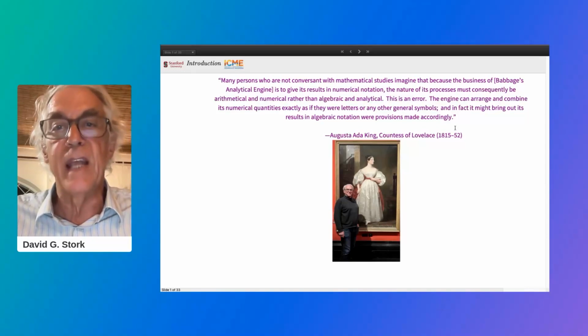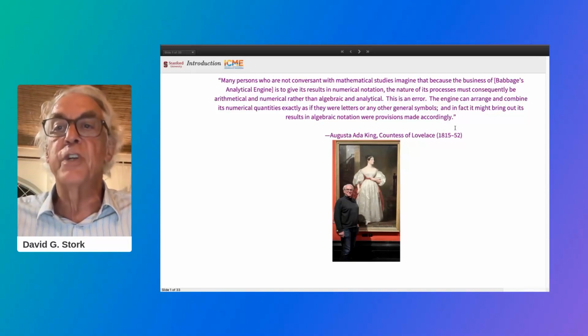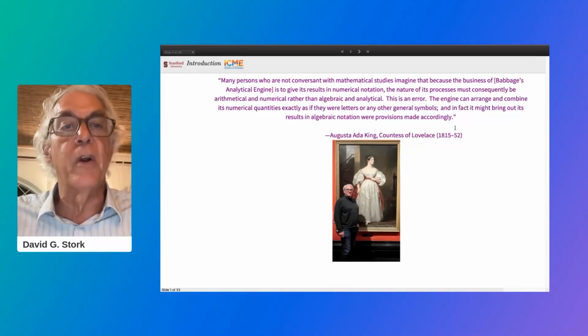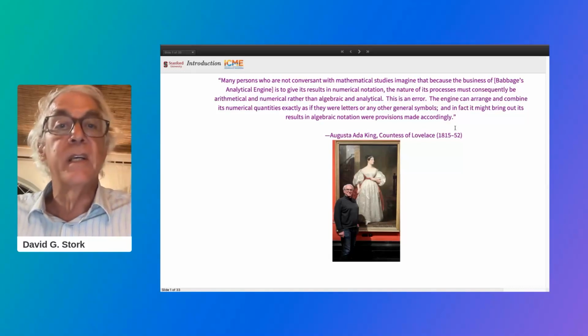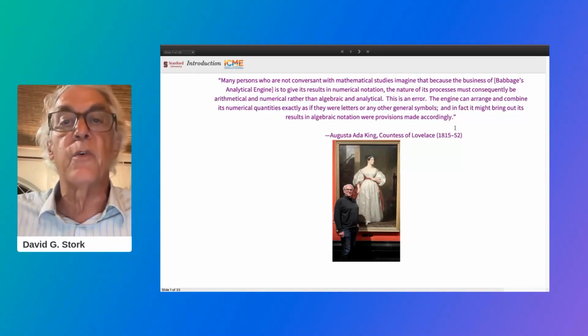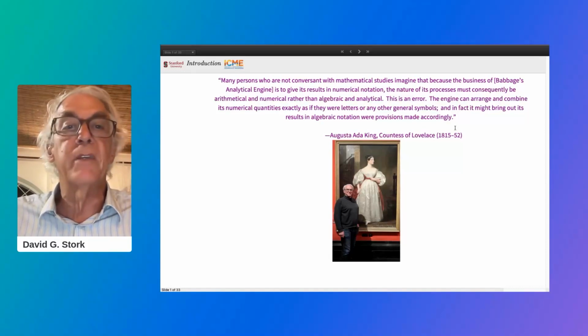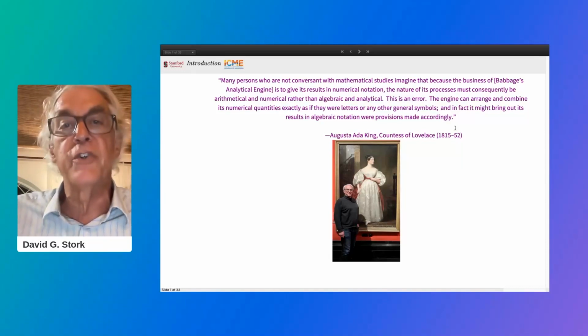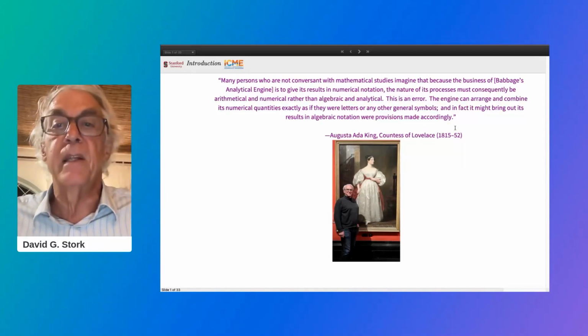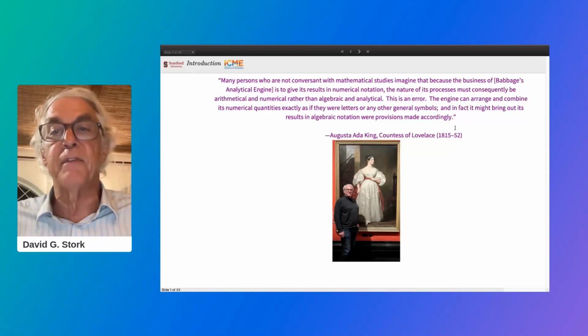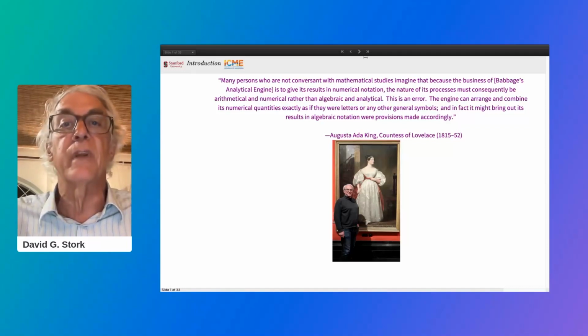This is an error. The engine can arrange and combine its numerical quantities exactly as if they were letters or any other general symbols. And in fact, it might bring out its results in algebraic notation or provisions made accordingly. This from the first half of the 19th century.